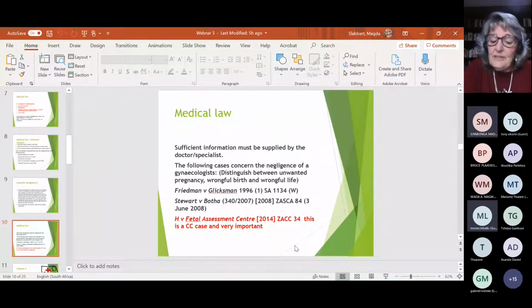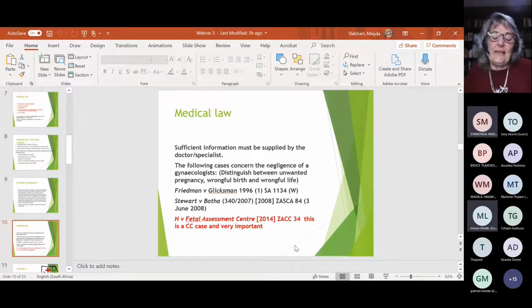They say they would have aborted had they had the correct information, and therefore they claim damages to raise this child with special needs. In wrongful life cases, it is the child that institutes the action with the help of his parents and legal team, but it is the child that is claiming damages for being a child with special needs. And then when it is successful, the damages awarded will go to the child.